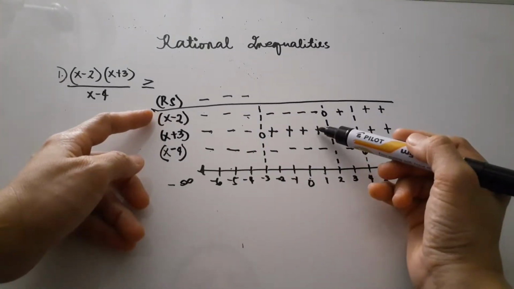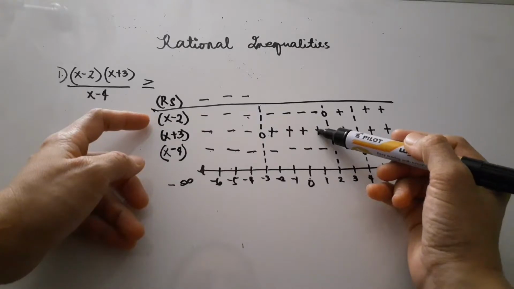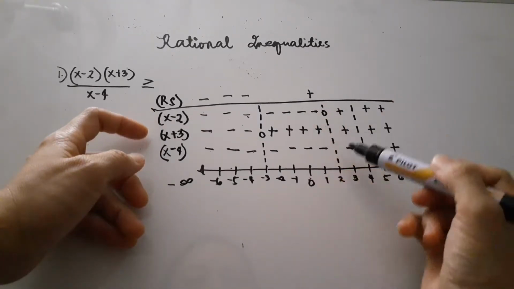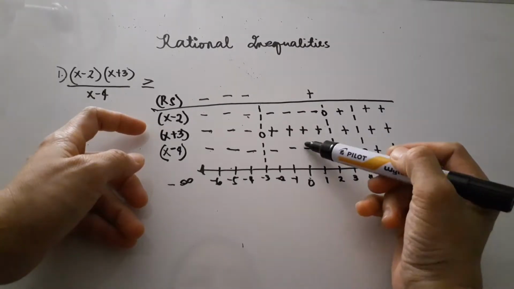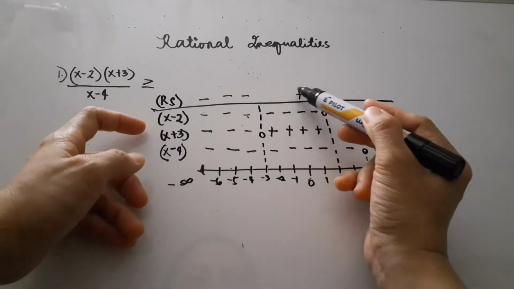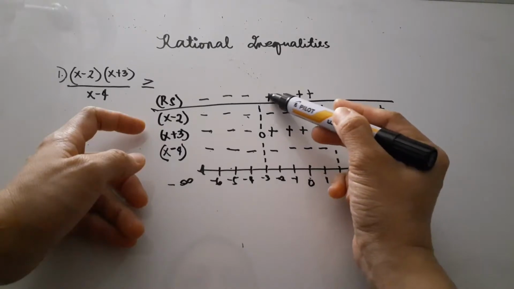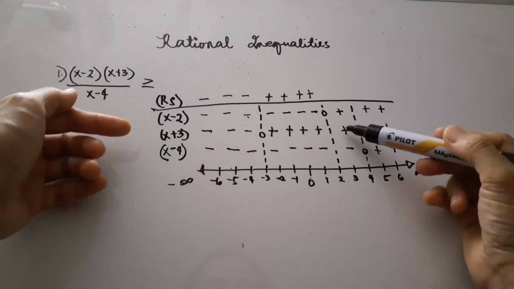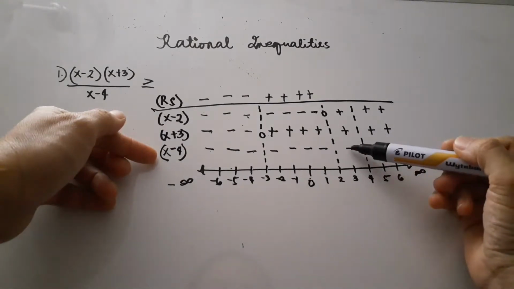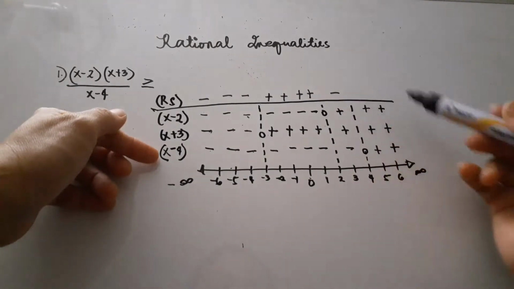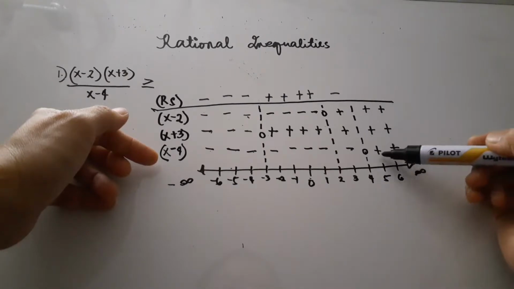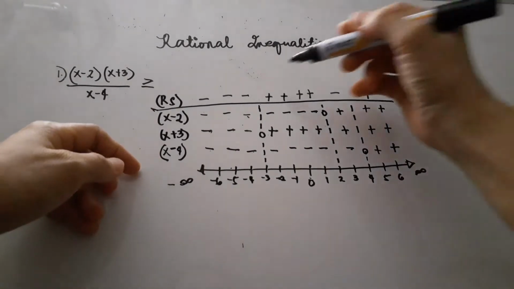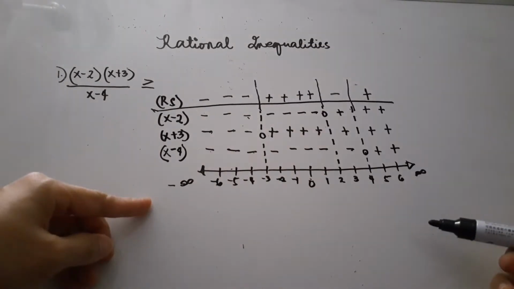Because this is x minus 2 times x plus 3 over x minus 4. It means division. And then this one, negative times positive is negative, divided by negative, it is positive. And this one is positive times positive is positive, divided by negative is negative. And positive times positive is positive.